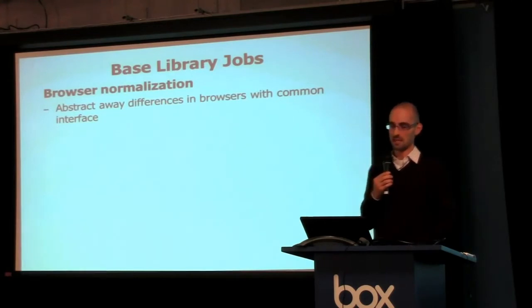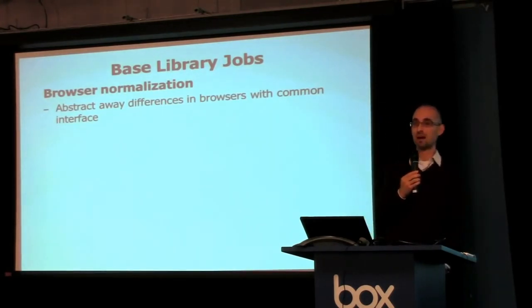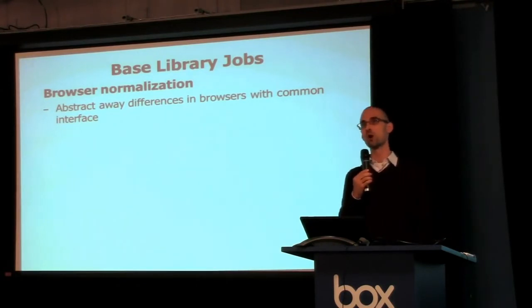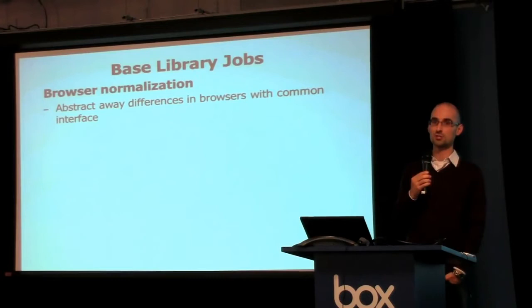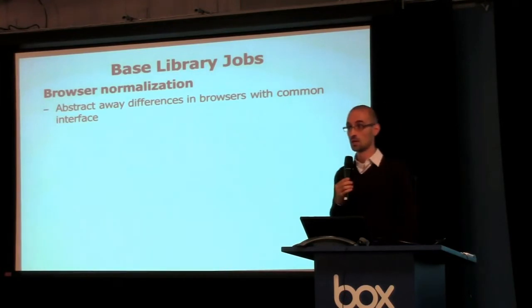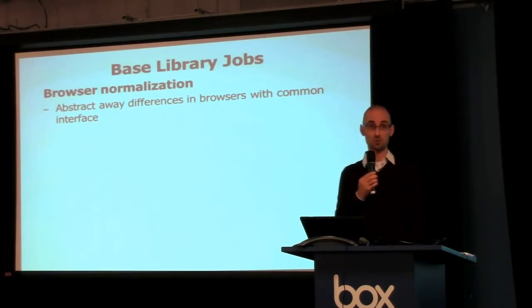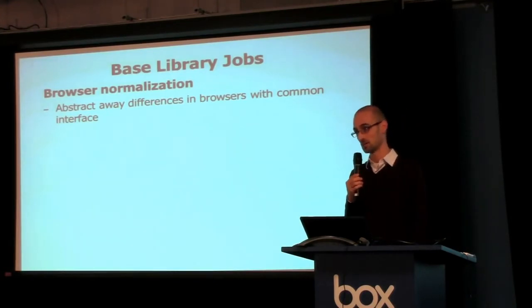So what are the jobs of the base library? The number one job is to provide browser normalization. There is no part of the code that you write that should know what browser is being used. That's a waste of time. You should be focusing on the business logic, the thing that actually makes your application work. The thing that makes your application work isn't if it is IE, do this, else do something else.